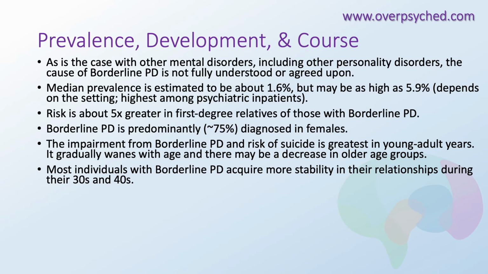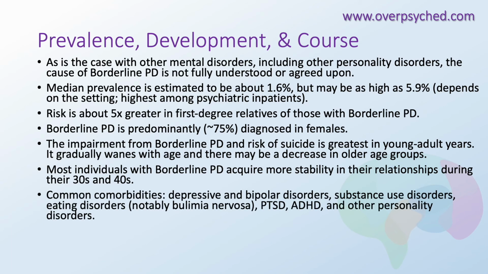Some of the common comorbidities observed in borderline personality disorder are the following: depressive and bipolar disorders, substance use disorders, eating disorders, notably bulimia nervosa, PTSD, ADHD, and other personality disorders.